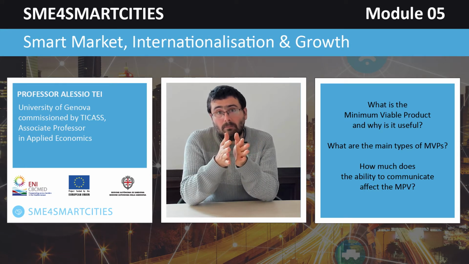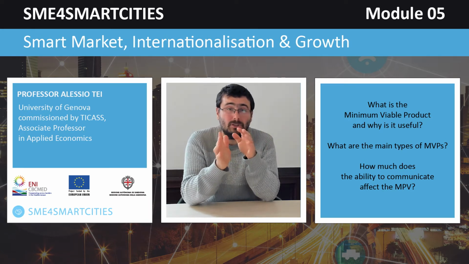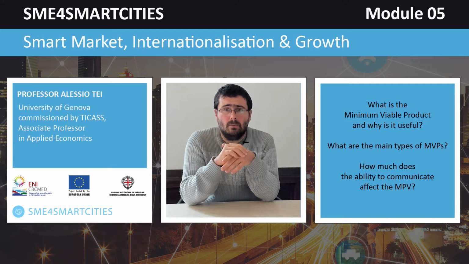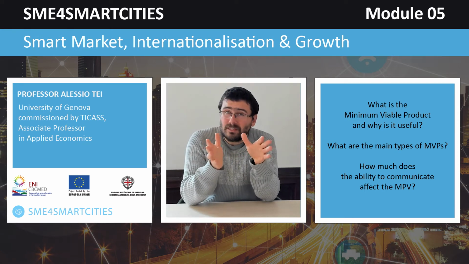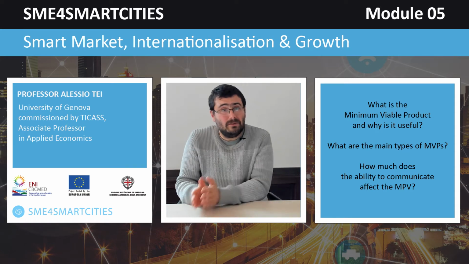formally, minimum viable products have a classification. There are different types, different phases. The names of these types and phases might change depending on the sector. We shouldn't be too fixated on terms and words, but there are specific steps.